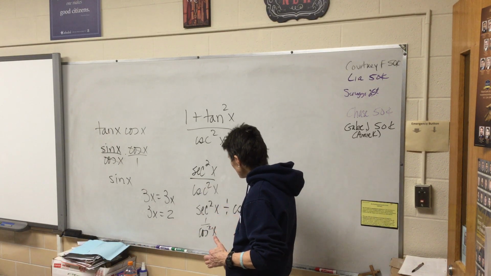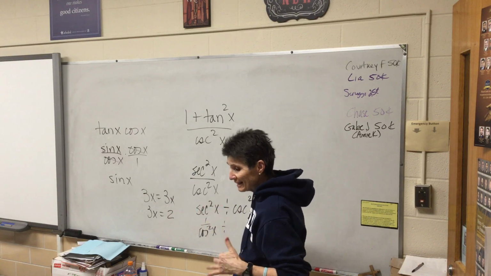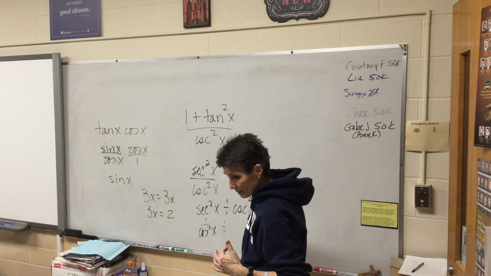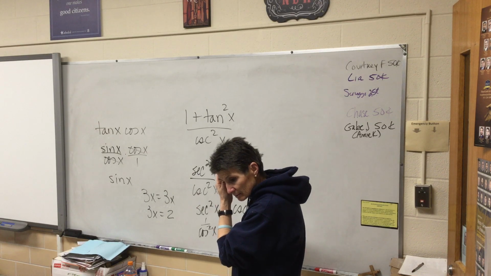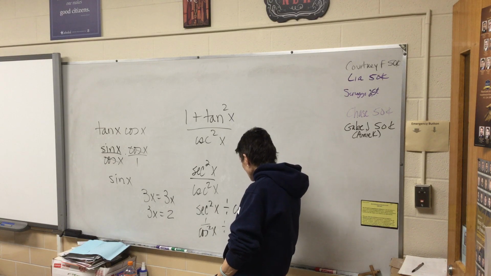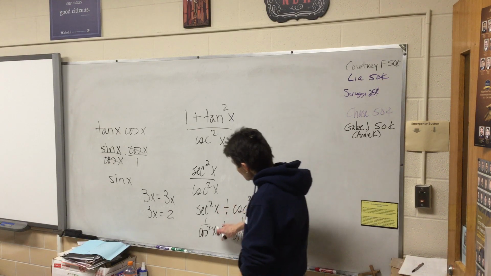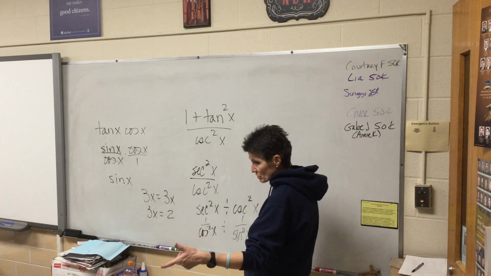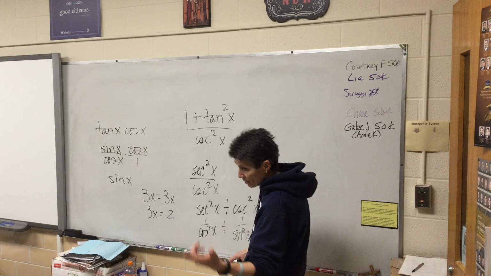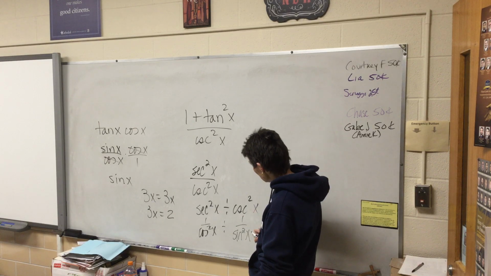So 1 over cosine squared divided by, what's cosecant? 1 over sine. Yep, and it's squared, so it'd be 1 over sine squared. So secant is the reciprocal of the cosine. You're supposed to already know that. You need to know that for your test. Cosecant is the reciprocal of the sine.